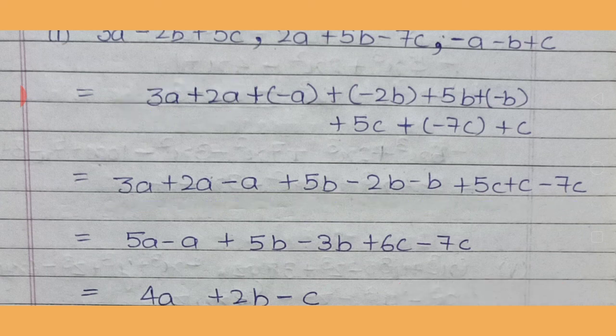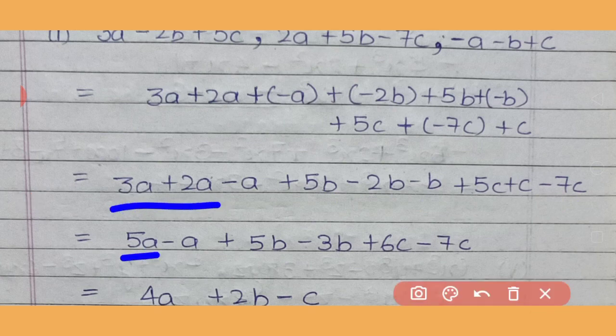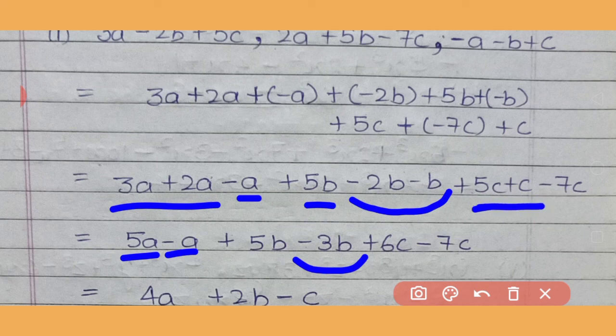So next step: 3a plus 2a is equal to 5a minus a. 5b, and here minus 2b and minus b can be added, so it will be minus 3b, and plus 5c plus c. Wherever only a variable is given, one numeral is always present with that variable, that is 1. So 5c plus 1c is equal to 6c, and minus 7c is written.